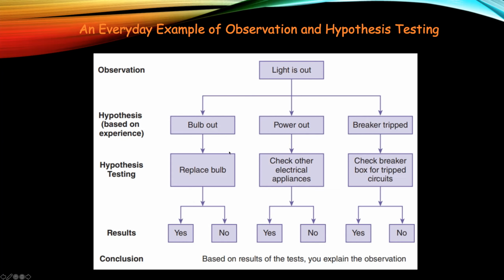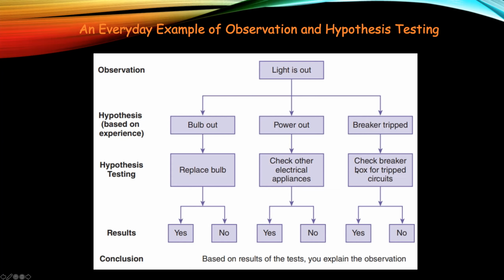On the other hand, you replace the bulb, still doesn't light. You check to see if other appliances on the same circuit work. And if they do, that gives you that answer. If they don't, then you go to your third hypothesis, check the breaker switch, and see if that works. And if it does, then everything's fine.